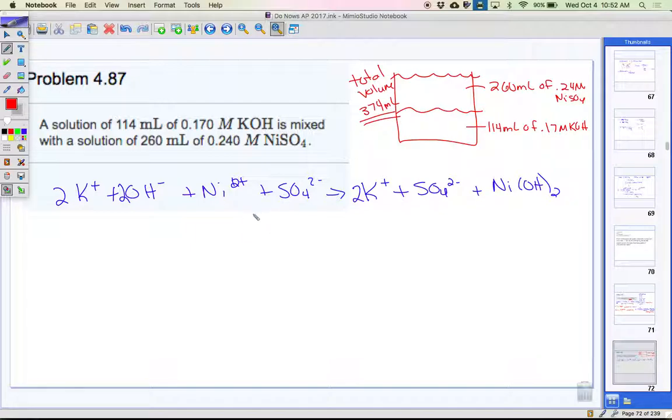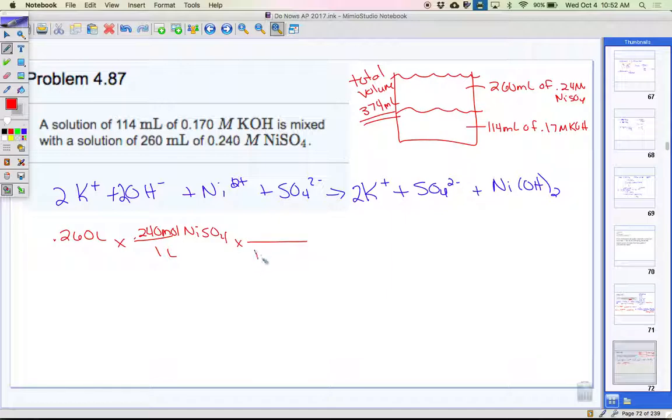So your sulfate ions, the moles that were there before are still the moles that are there afterwards. So it ends up being V1M1 equals V2M2. Do you want me to do it that way, or would you rather me do it stoichiometry so it makes more sense? All right, then the number of moles, so 0.260 liters times 0.240 moles of nickel sulfate over 1 liter.